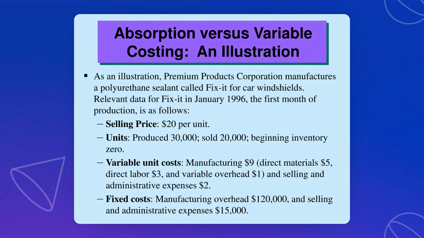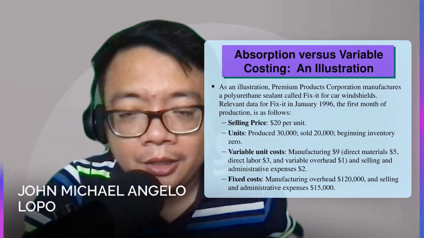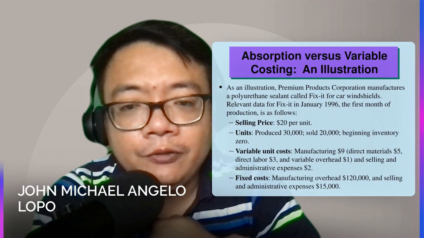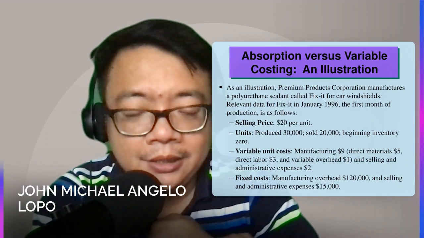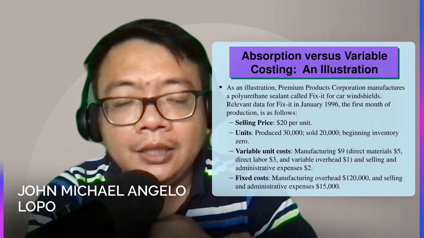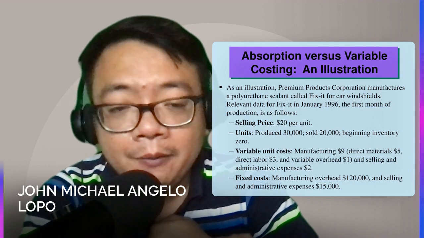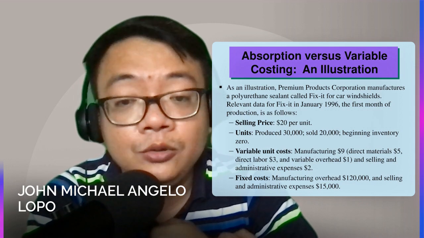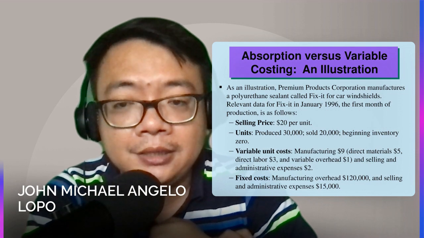And also you have what you call fixed costs. The fixed costs here are your manufacturing overhead of 120 and selling and admin expense of 15. Please take note of this class. In terms of the variable unit costs, in the computation of sales minus variable cost, it includes selling and admin expense.